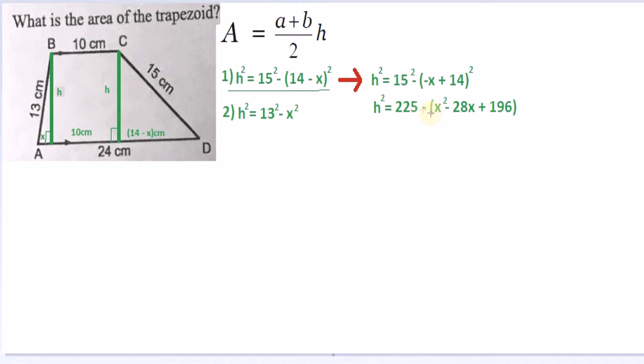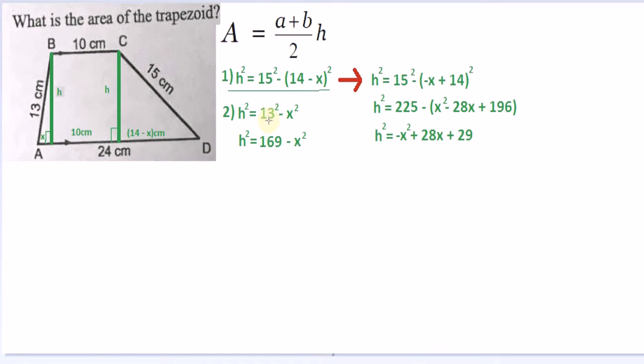So now I'm just going to carry this minus 1 through the parentheses, so I get minus x squared plus 28x minus 96. And then once I do all the math on that, it's going to resolve very nicely for me. I'm just going to have something that looks like a nice little quadratic equation.